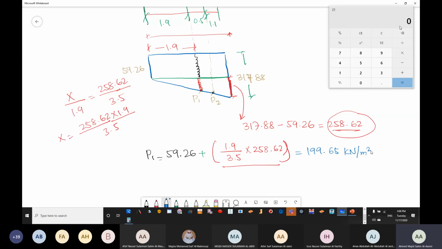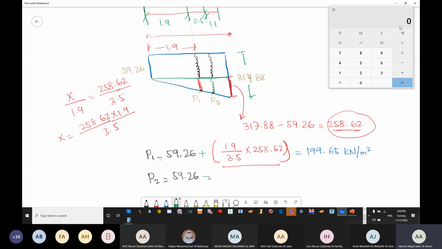Now going for P2. Do you agree P2 is equal to the black color plus the green color? The black color is 59.26; it didn't change because it's a rectangle.